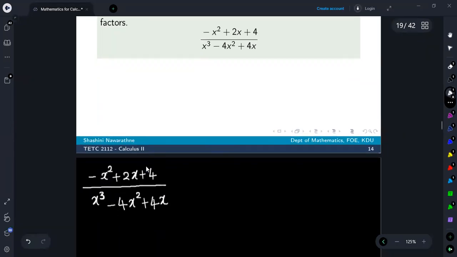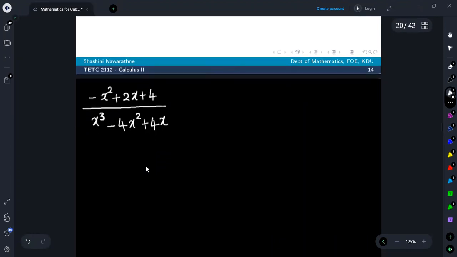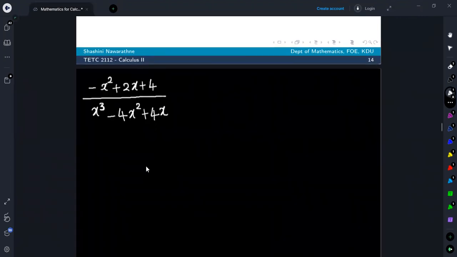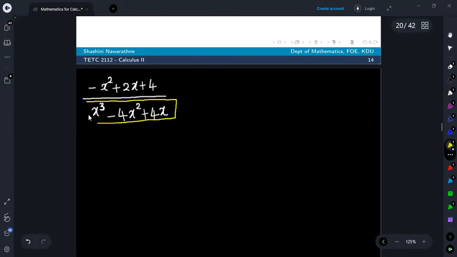And as I mentioned earlier, the first thing that we need to do is factorize the polynomial in the denominator. If we consider this polynomial, you can see that there is a common factor.